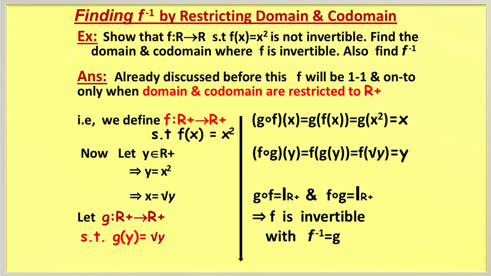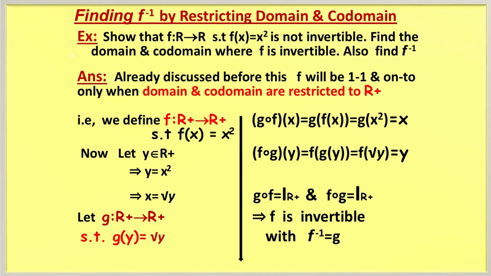But when we restrict the codomain and domain to R plus, it becomes invertible. That means we define f as a function from R plus to R plus such that f(x) = x square. We will not discuss in detail because we have discussed it often. So it becomes invertible, and suppose the inverse function g is from R plus to R plus, g(y) = root y, because y = x square.